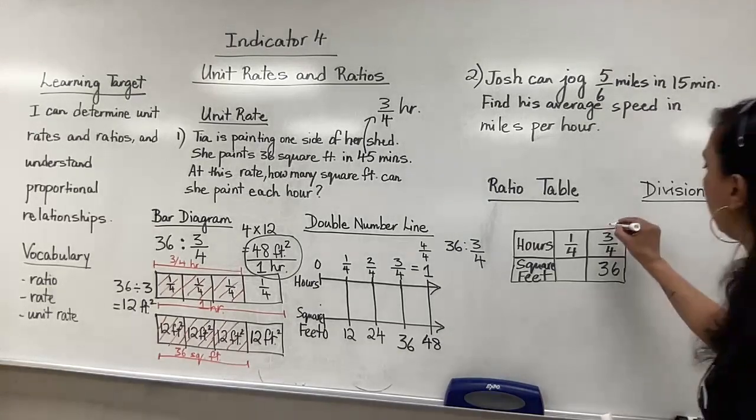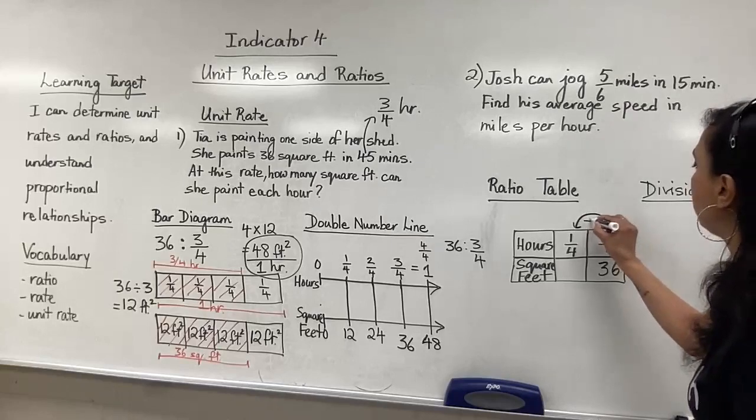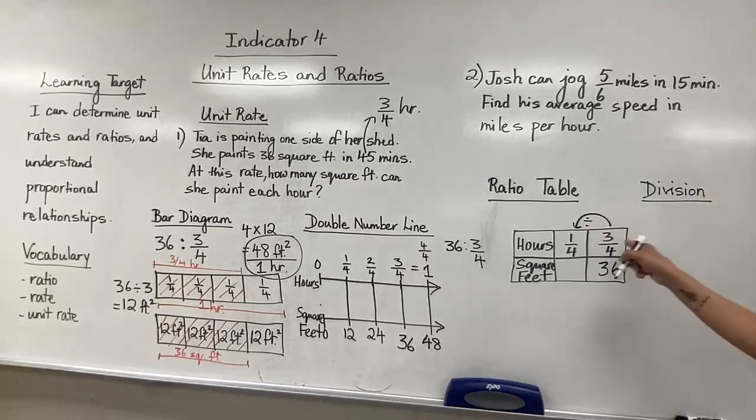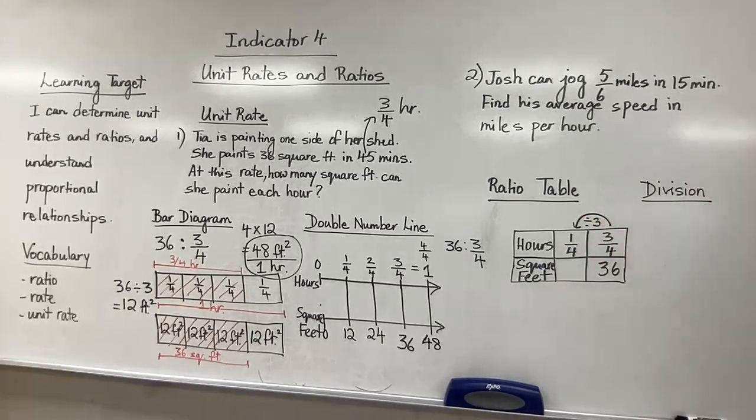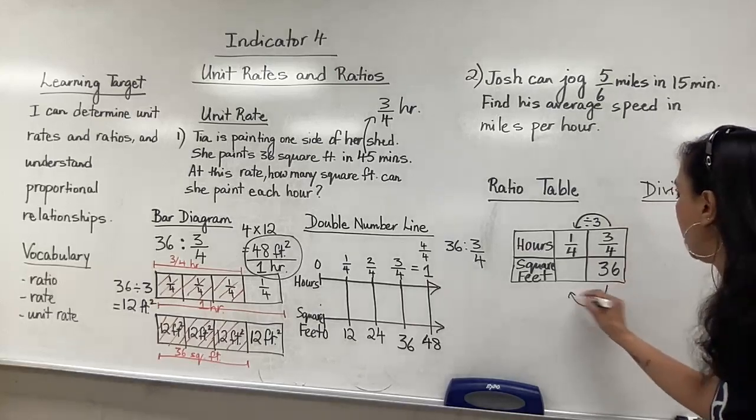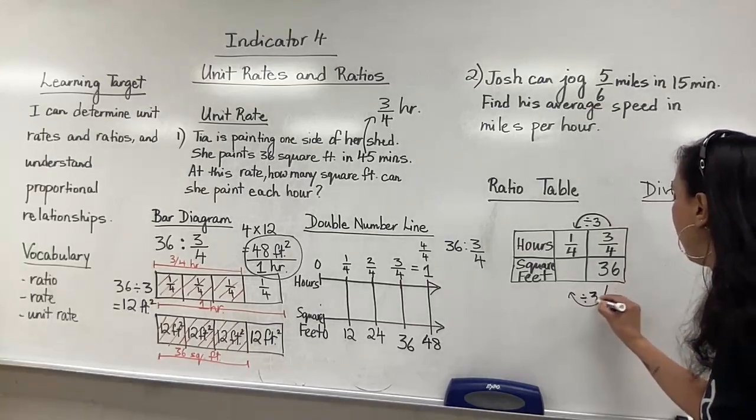I'm going from here to here, and I am dividing, right? 3 divided by 3 is going to give me 1 over here. So I'm going to divide by 3, and whatever I do up here to the hours, I've got to do the same thing over here, and I am going to divide by 3.